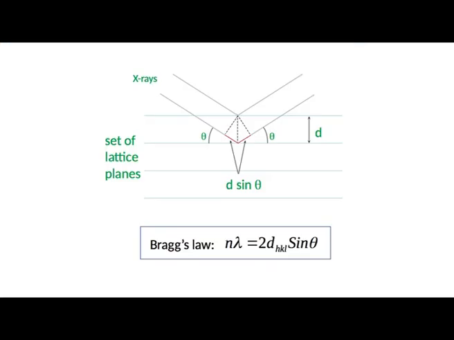But for this level of the course, with the help of the figure on the screen, you can very easily calculate the path difference between the incoming and the outgoing radiations to be 2 d sin theta, and therefore, Bragg's law states that n lambda is equal to 2 d sin theta.